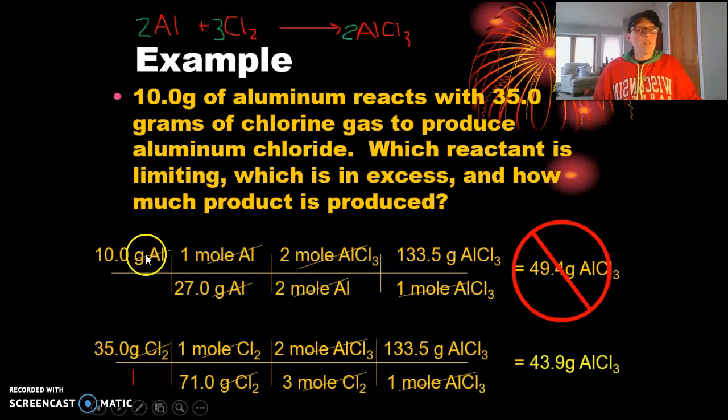So while the 10 grams of aluminum allows us to make 49 grams, we never get there because we'll run out of chlorine. It's like thinking back to our recipe. We will run out of chlorine before we get to the point that we can use all the aluminum. So chlorine is our limiting reactant. The amount we will actually make is 43.9 grams of aluminum chloride.